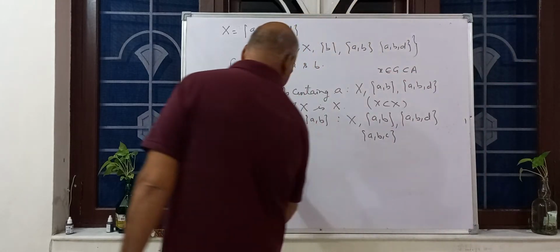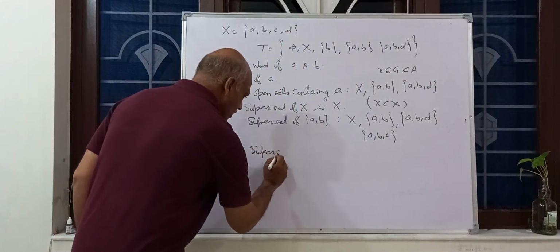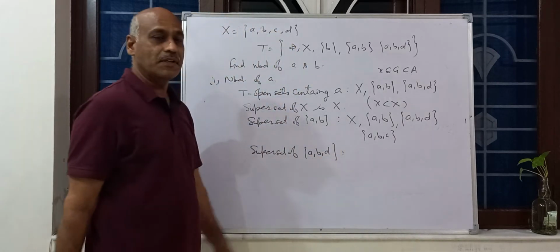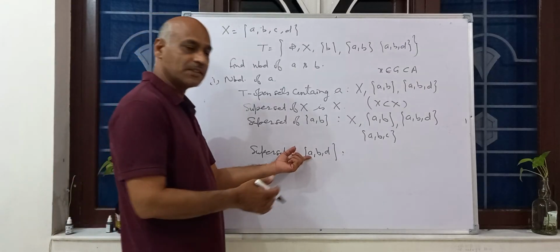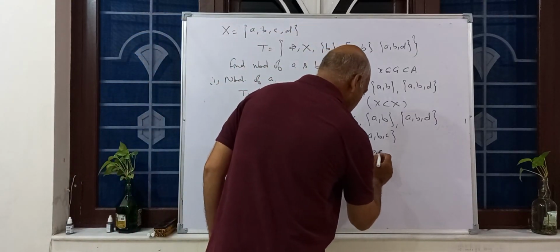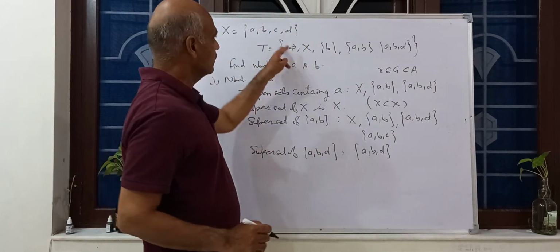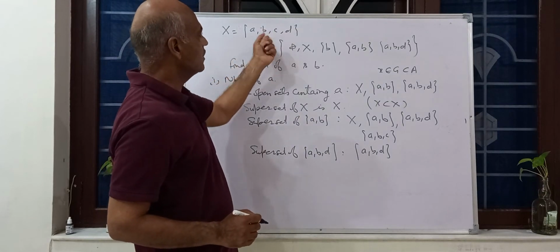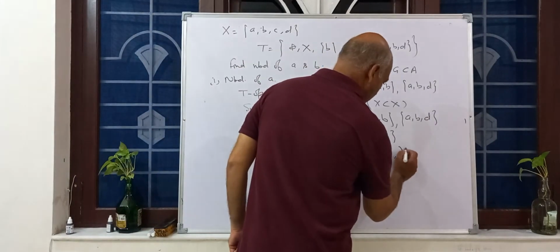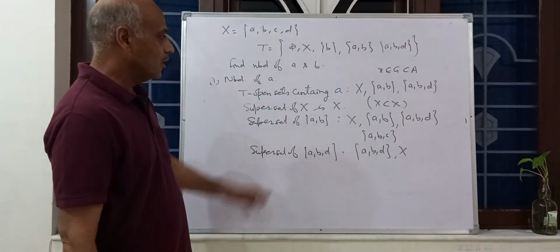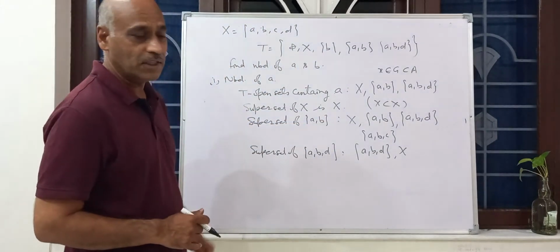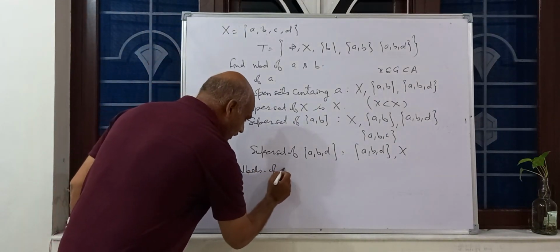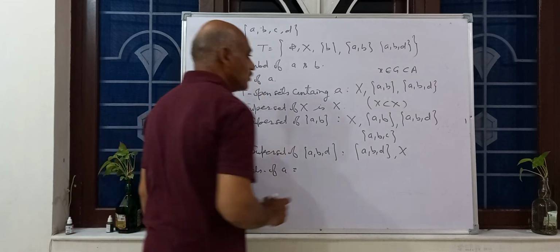Now the supersets of {A, B, D}. One is the set itself, {A, B, D}, and the other one containing {A, B, D} is X. So these are the supersets. Every superset is also a neighborhood. So what are the neighborhoods of A?